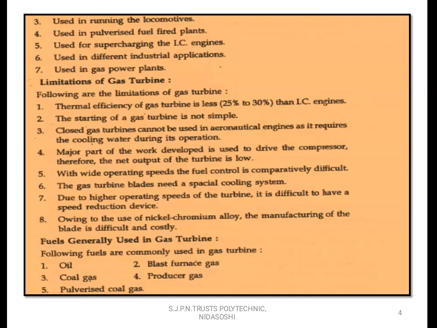Also, it is difficult to maintain fuel control as it operates at various different speeds. The moving blades, as the hot air impinges on them, need a special cooling system. Due to higher operating speeds, it is difficult to have a speed reduction device, because the gas turbine operates at different speeds, so we can't use a speed reduction device.